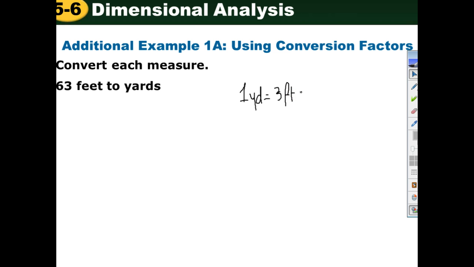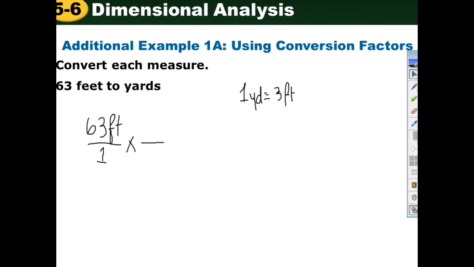Now that we know our conversion factor, we are going to start with the 63 feet. So we'll do 63. Always put your units. I know how much you guys do not like to write your units. Go ahead and put that over 1, so we can write it as a fraction, times, and then we're going to draw a line. Now, how are we going to write our conversion factors?